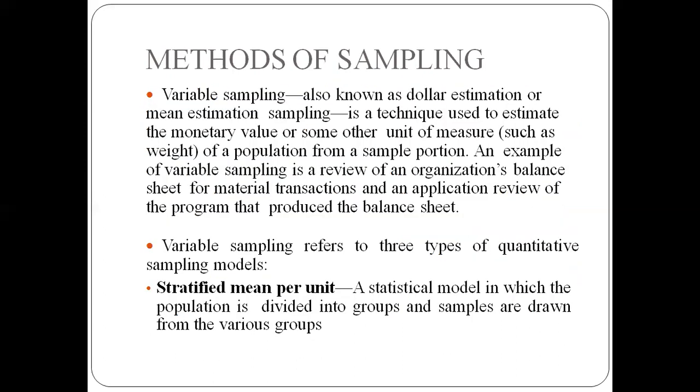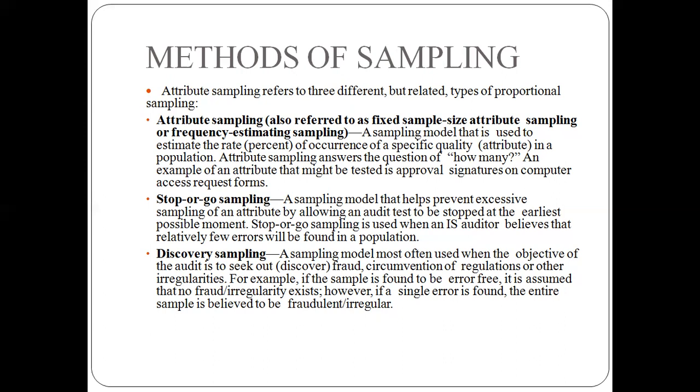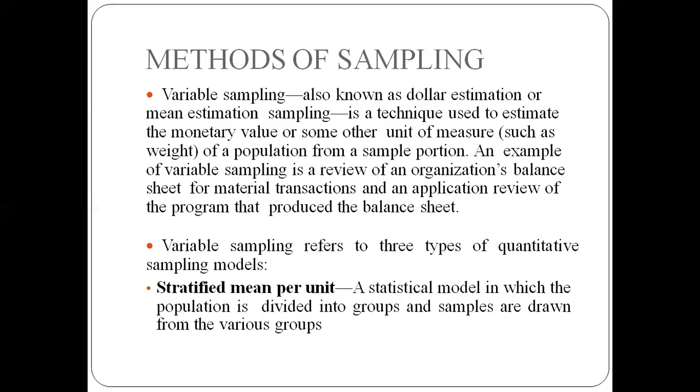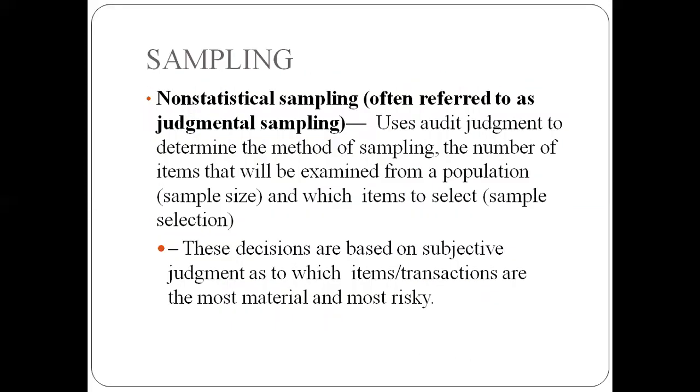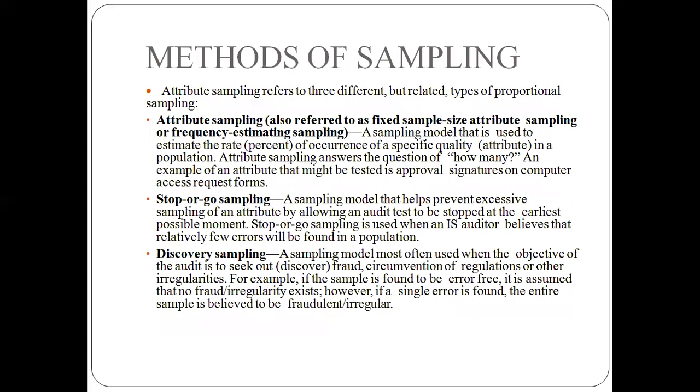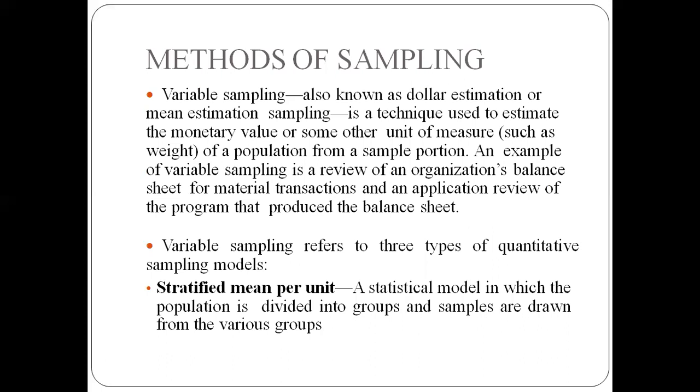All right. So if you have looked at all the examples of attribute sampling, it's all concerned about compliance, whether there is an attribute present or absent. Okay, then we have variable sampling, the second approach. The variable sampling is focused on monetary value or a measurable value.